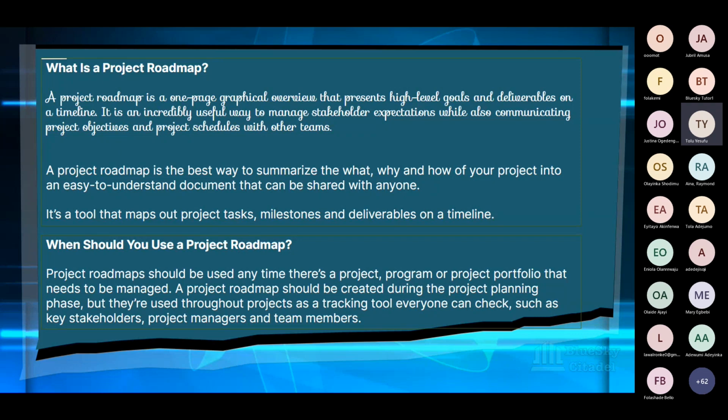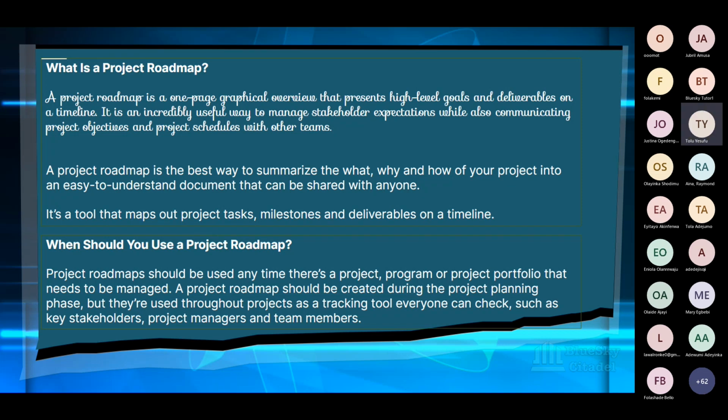All of these questions are answered inside that one easy to understand document. And that document should be shareable. You should be able to share it with stakeholders as well. You should be able to get on a call with stakeholders to share your roadmap, to explain to them, this is what the plan is, this is where we're at, this is where we're going to.